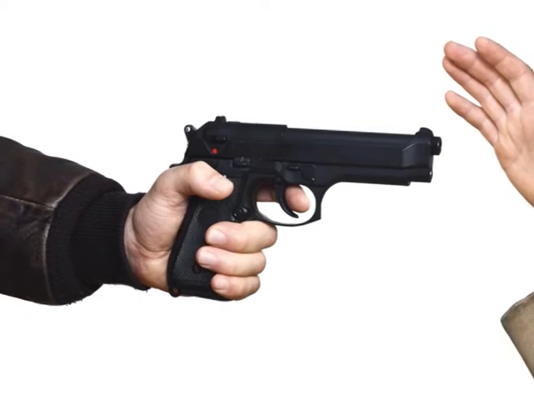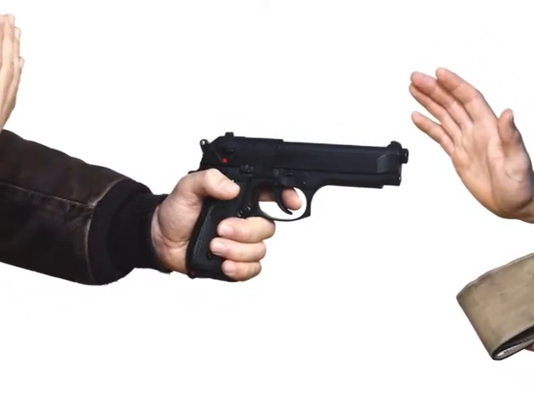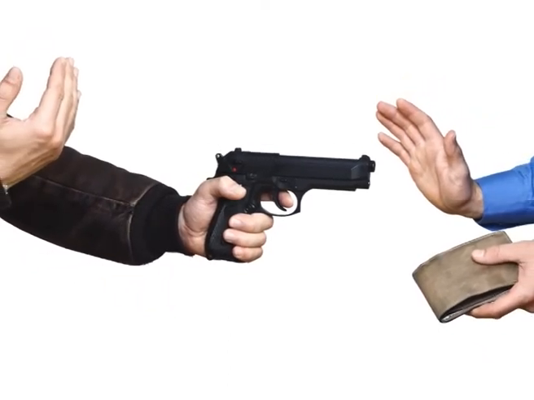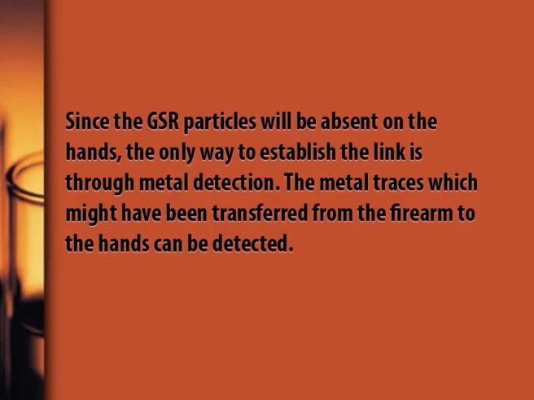In case of armed robbery in which firing has not taken place, it is important to establish a link between the suspect and the firearm found at the scene of crime. Since GSR particles will be absent on the hands, the only way to establish the link is through metal detection. The metal traces which might have been transferred from the firearm to the hands can then be detected.